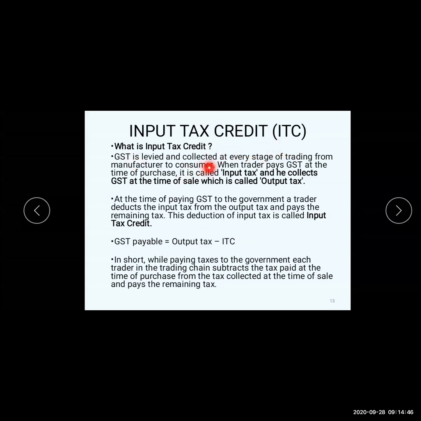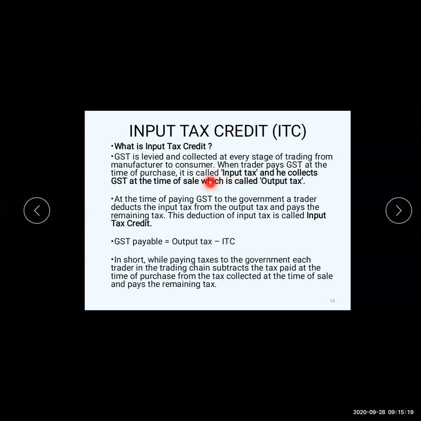What is input tax credit? GST is levied and collected at every stage of trading from manufacturer to consumer. When a trader pays GST at the time of purchase, it is called input tax, and when he collects GST at the time of sale, it is called output tax.